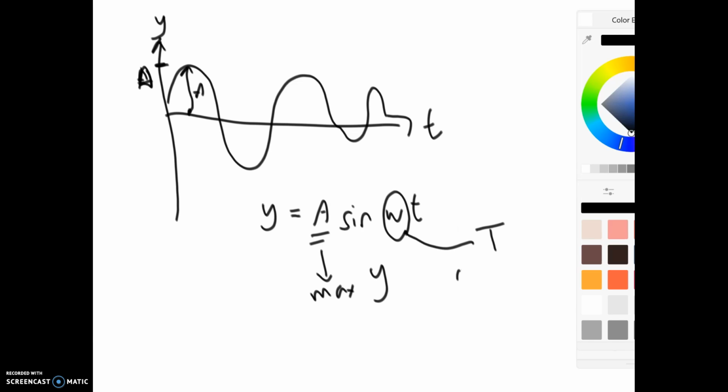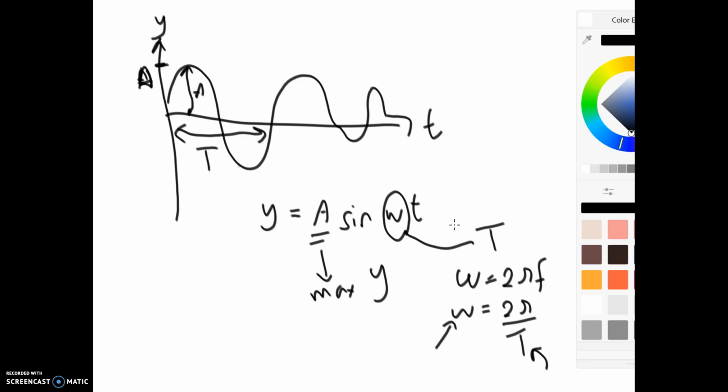Do you remember, omega is equal to 2 pi f or 2 pi over T. Once you know the value of omega, you can find your period. In your graph, this is your period, the time taken for one oscillation. This is one oscillation, second oscillation, and so on.